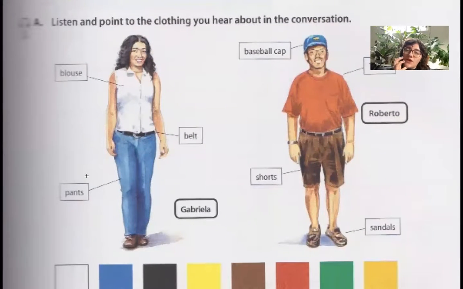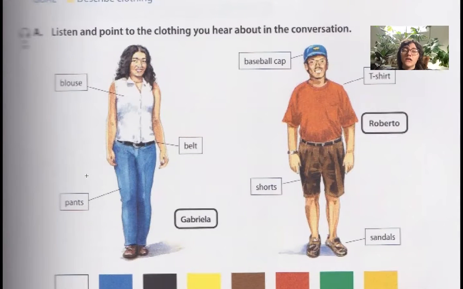So we're going to use the pronouns her for Gabriella and his for Roberto. So if I say, what color is Gabriella's pants? You would say her pants are blue, right? Her pants are blue. If I say, what color is Gabriella and Roberto's shirt? You would say her shirt is white, his shirt is red.